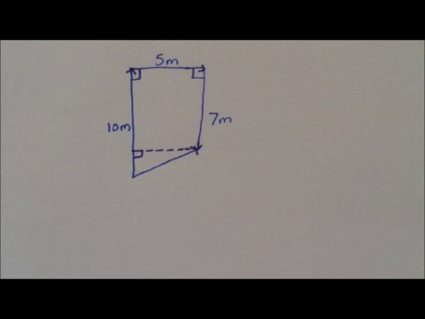Well, if you look at the dashed line, that is part of the rectangle. And in a rectangle, the two lengths and the two widths are equal to their respective parts. So if I look at the dashed line, I see that is the width. And the width is 5 meters.